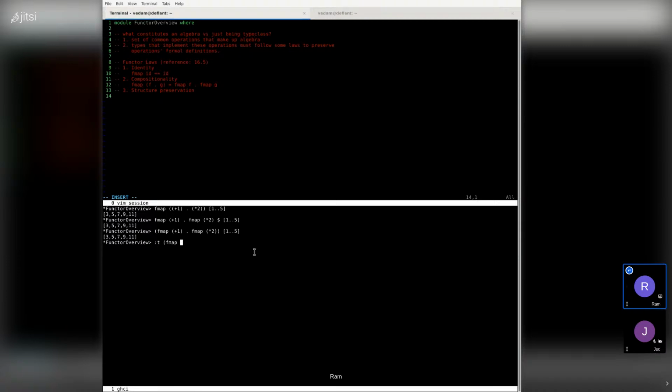So if we do fmap (+1) . fmap (*2) on 1.5 and look at the type of the result, you'll see that it results in a list of b, which is what we were expecting. If we try this with a Just clause, it'll create a Maybe, because we passed in a Maybe, and we get a Maybe back.